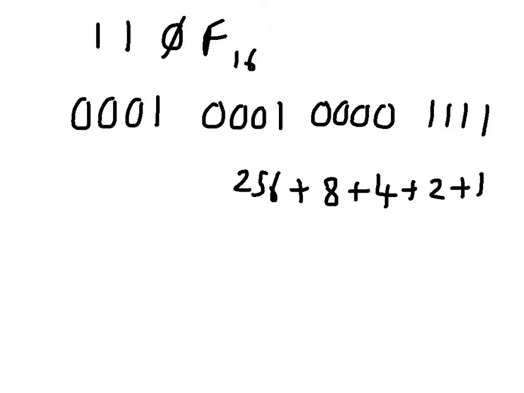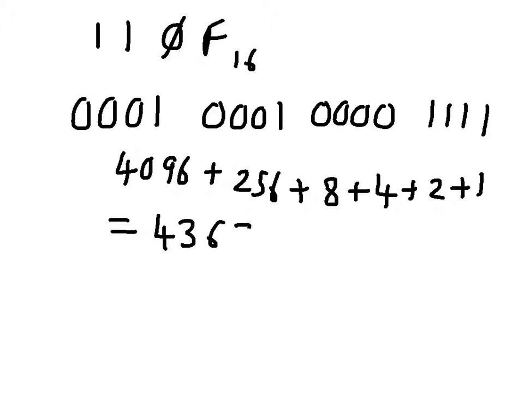There'll be no 512, no 1024, no 2048, but if I double 2048, I'm going to get 4096. Now, if I add all of those values together, hey presto, I get 4367, which is base 10, which is the value that I had at the beginning of the question. So the quotient method does indeed work.